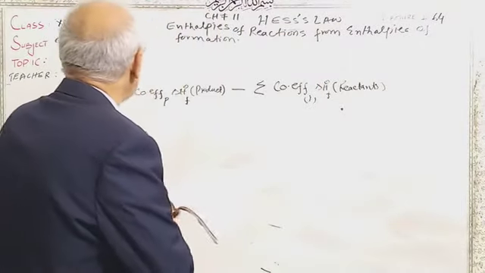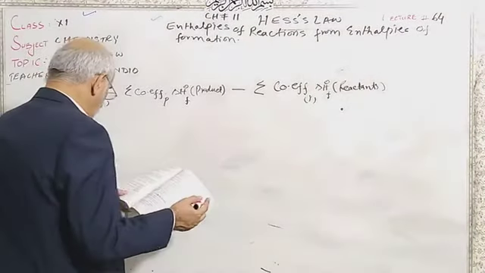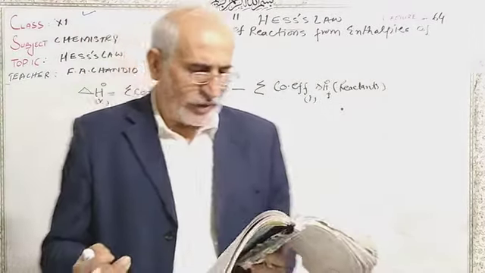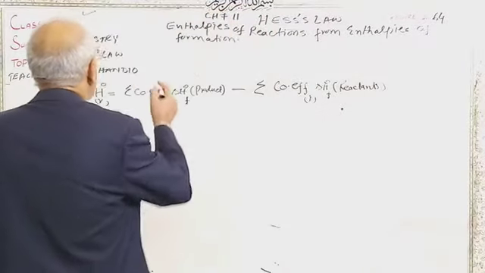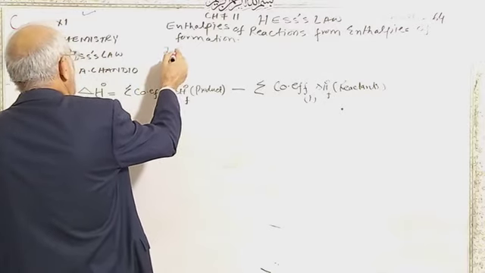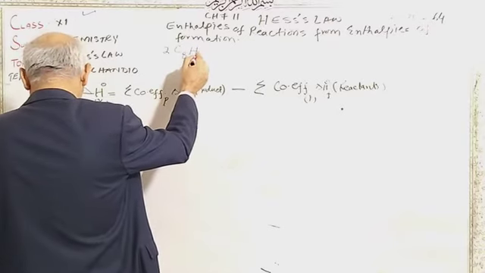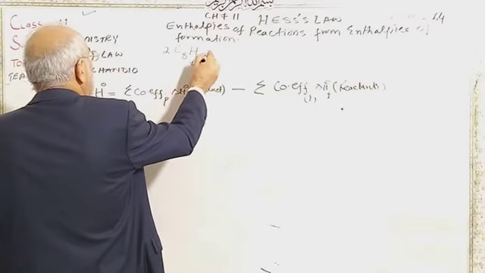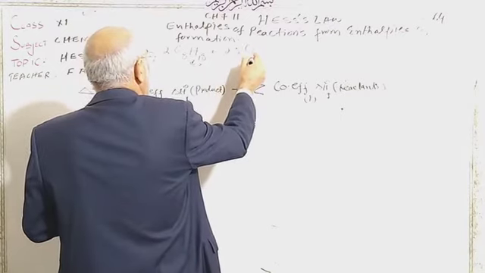So dear students, here is one equation we want to solve. Calculate the change in enthalpy of the following reaction, which takes place when 2 moles of petrol, octane, C8H18, gasoline, is going to burn with 25 moles of oxygen gas.